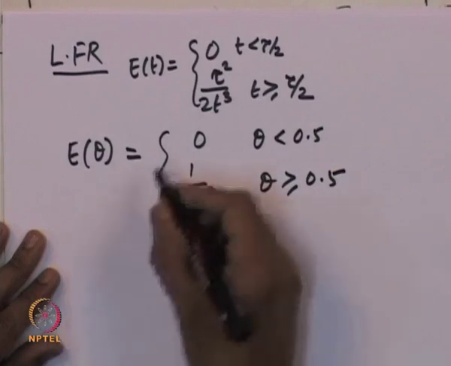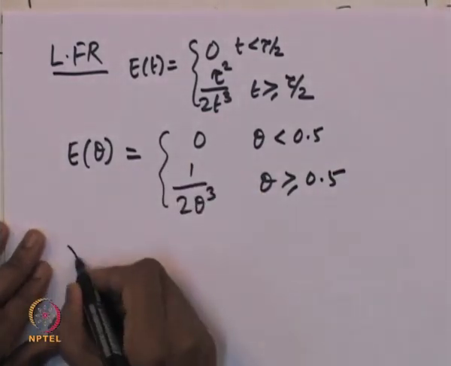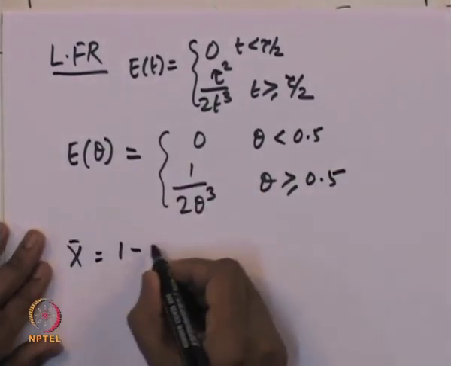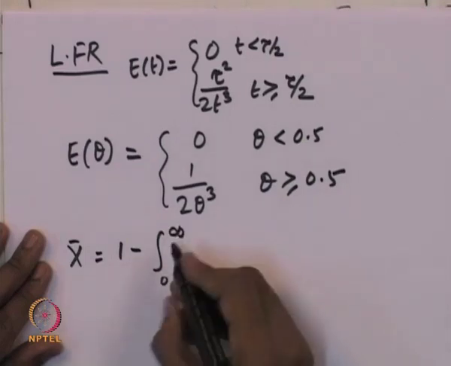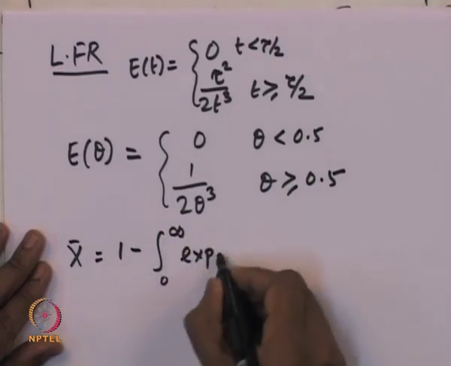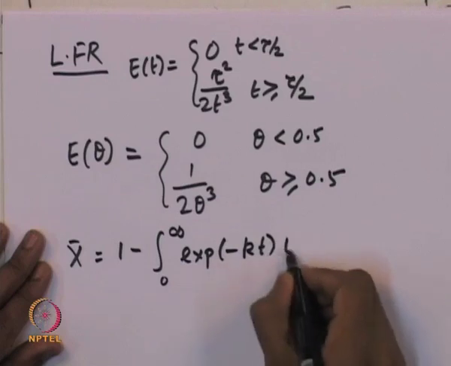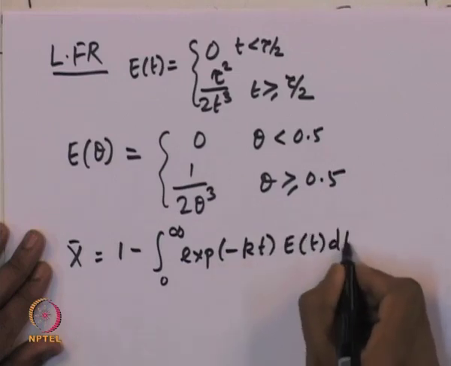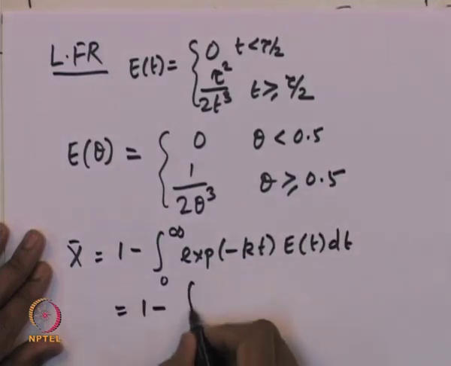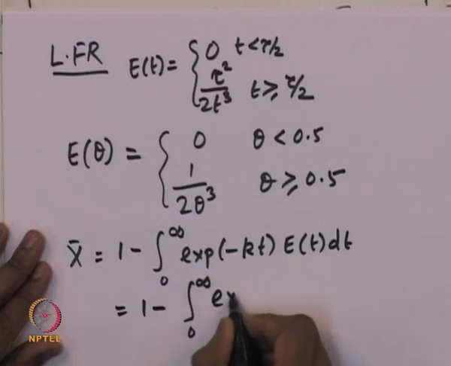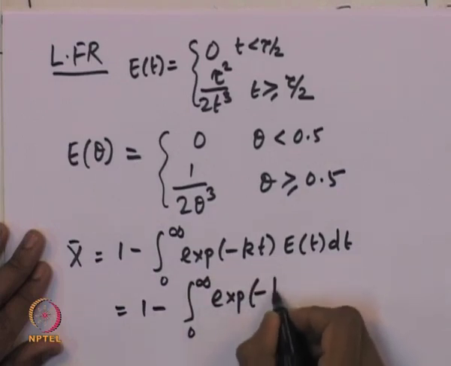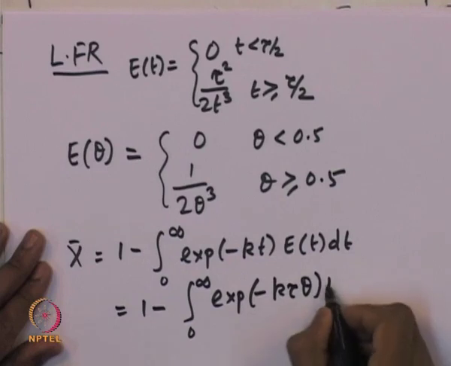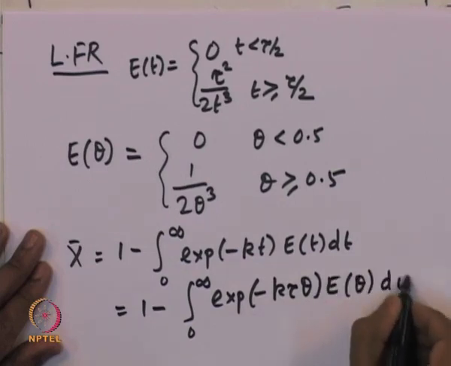So, now we can plug this distribution into the conversion equation, and we find that it will be equal to 1 minus the integral from 0 to infinity of exponential of minus k t into E of t dt, that is equal to 1 minus the integral from 0 to infinity of exponential of minus k tau theta into E of theta d theta.